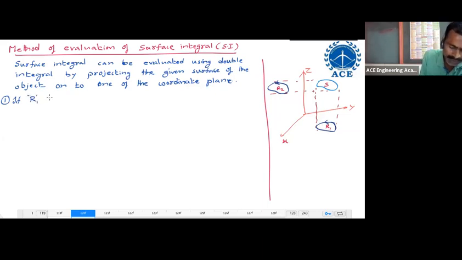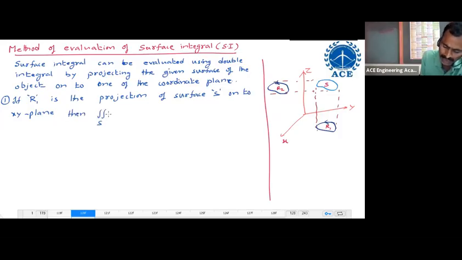So if R1 is a projection of surface S onto the xy plane, then double integral over S of f bar dot n bar ds is equal to double integral over R1 of f bar dot n bar, and in place of ds, it will be written as dx dy divided by modulus of n bar dot k bar.